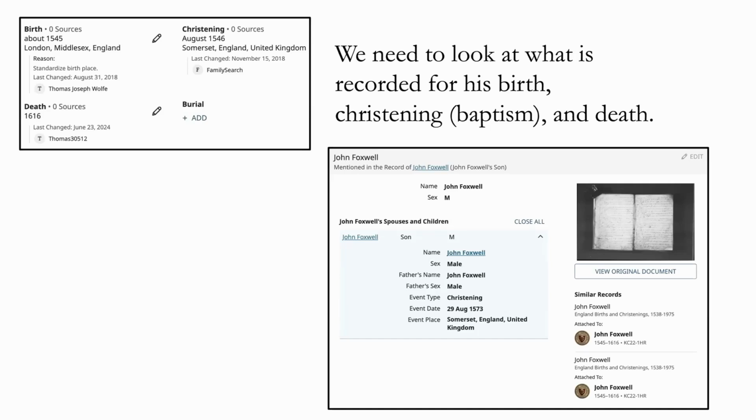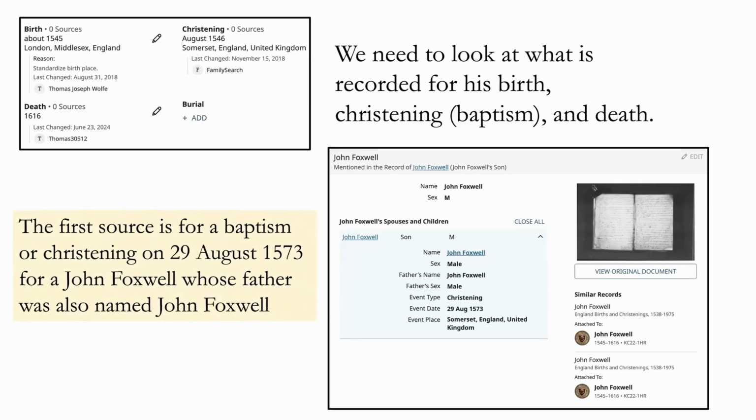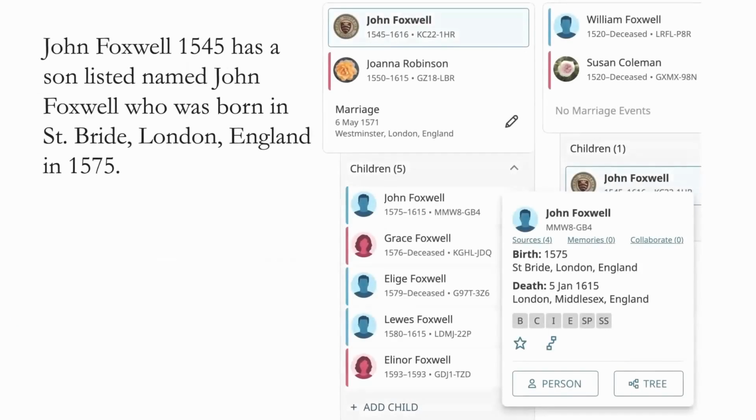I mean, we don't know who John Foxwell the father is. We know that this particular John Foxwell, who was born 30 years later, was baptized or christened in Somerset. And this was on 29 August 1573, and that's John Foxwell with John Foxwell. Okay. Now we know that John Foxwell, 1545, could have a son named John Foxwell.